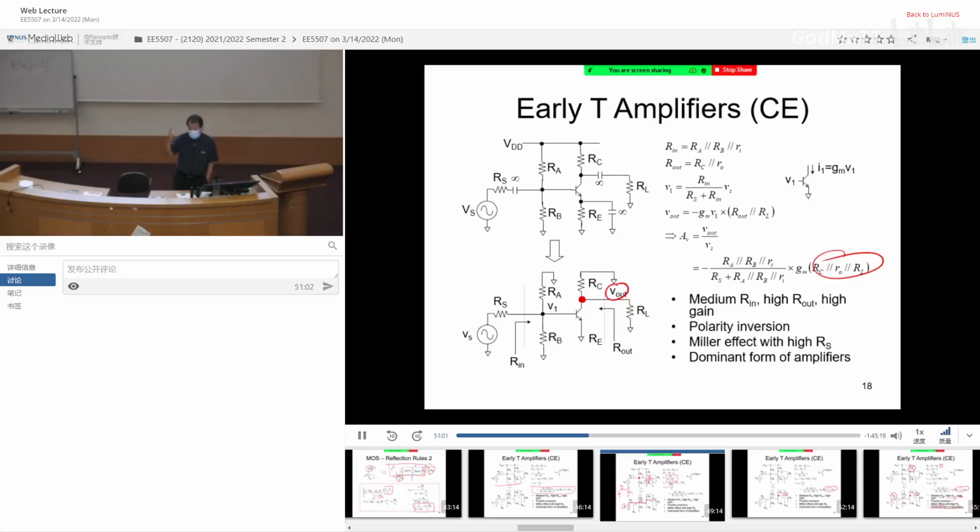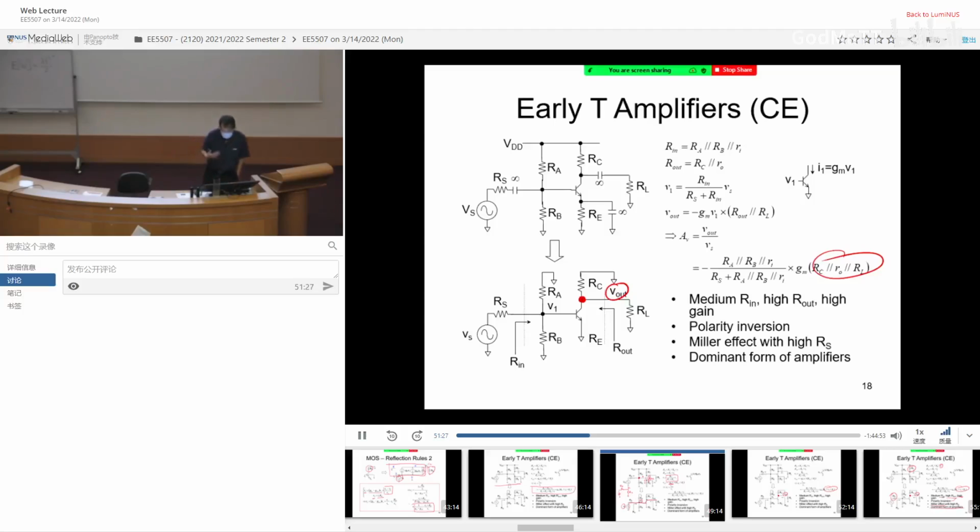So, you already know this is common emitter. There will be a negative sign at output. Just commit to your memory. Common emitter, gain is negative. And the numerical value you can derive easily. Just the polarity sign. Common emitter, negative. That's it. Right?